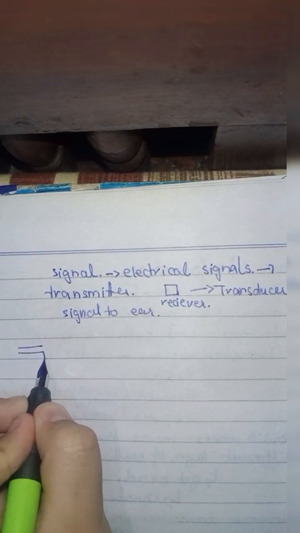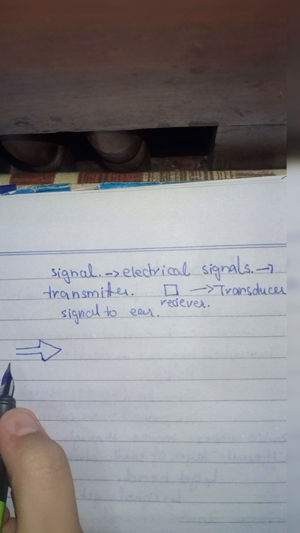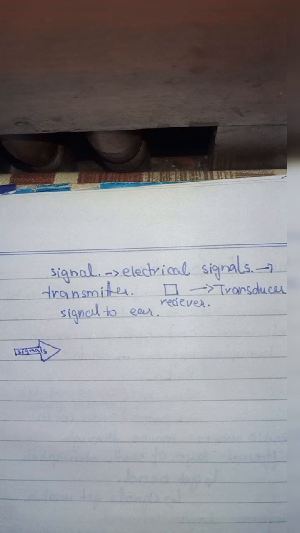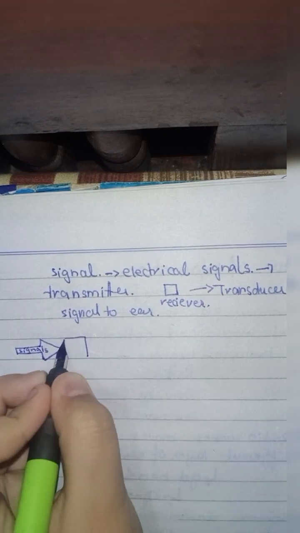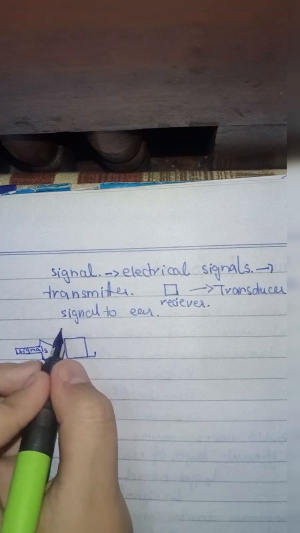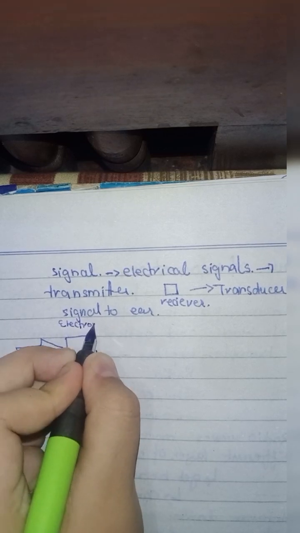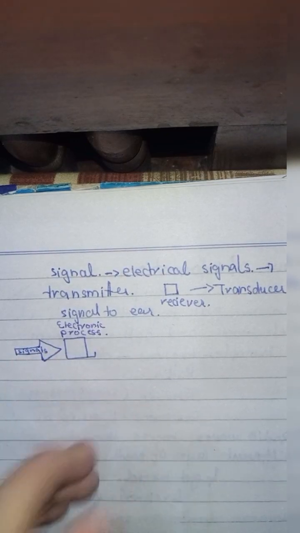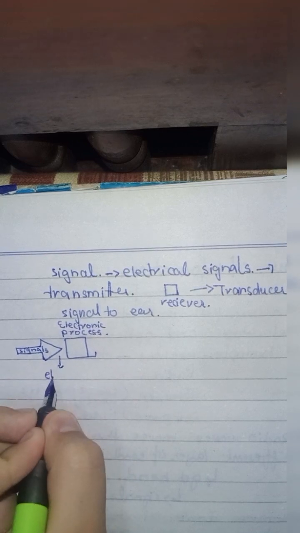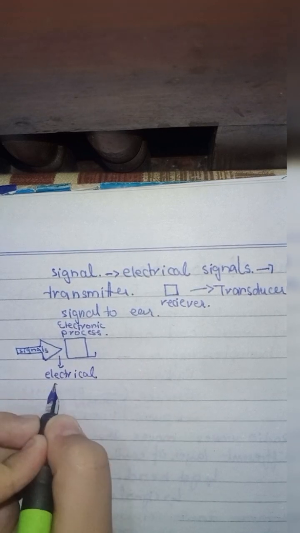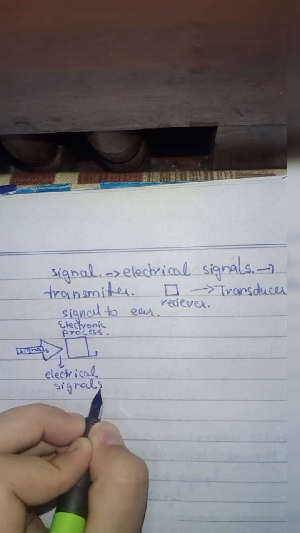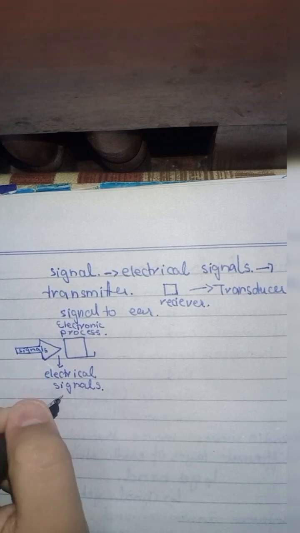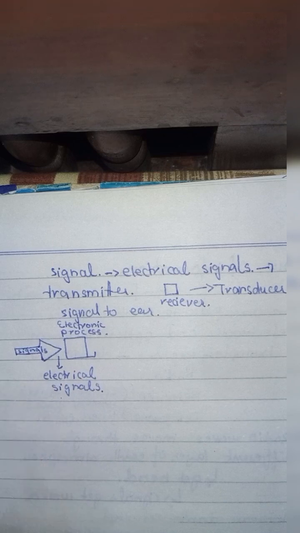First we have the signals. They are converted into electrical signals, which go to the electronic processor, where the processes occur.